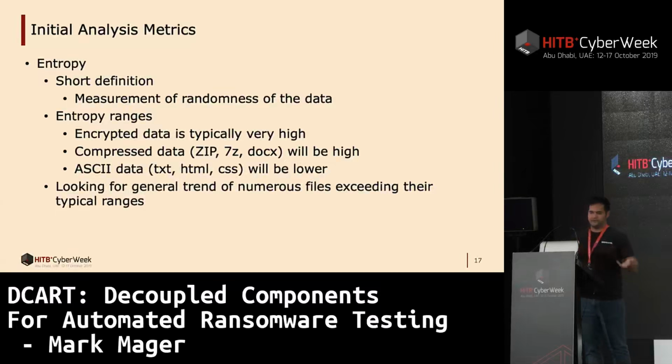So how does that all relate to what we're looking at? Well, we're not trying to pick out very specific examples of, this number looks very off to us. What we're looking for is a general trend for a process, where the files being modified by it are all exceeding the typical expected entropy range for that file type.